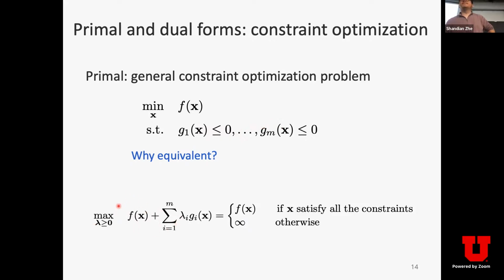What will be the maximum? Or in other words, what choice of lambda value should you use to maximize the Lagrange function? Any thought?